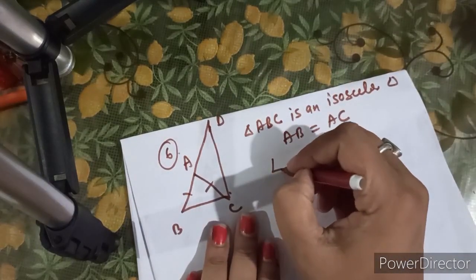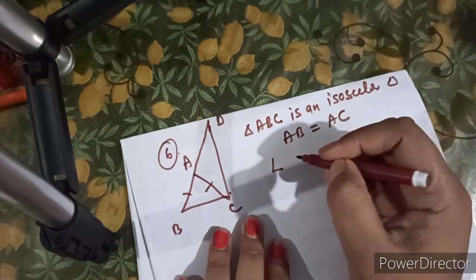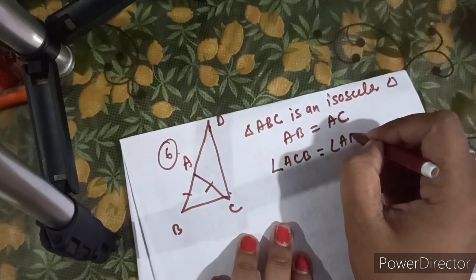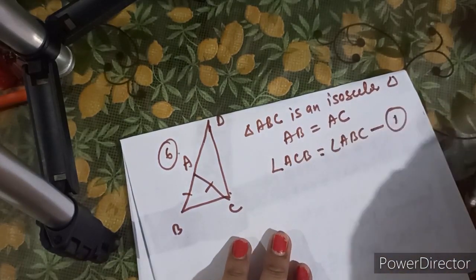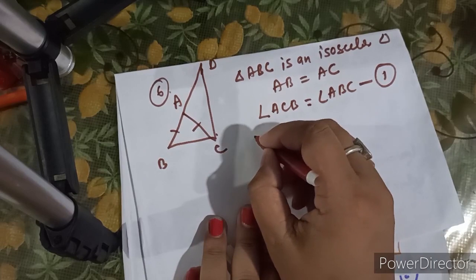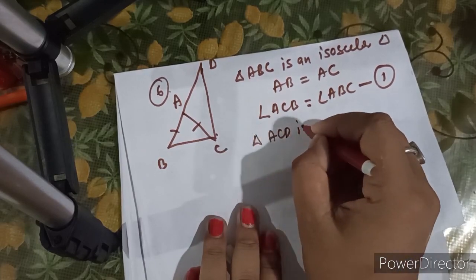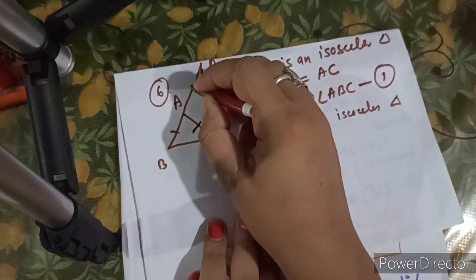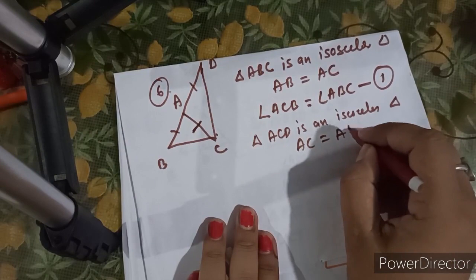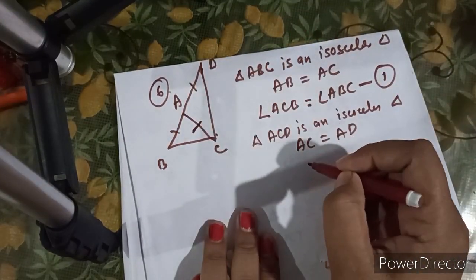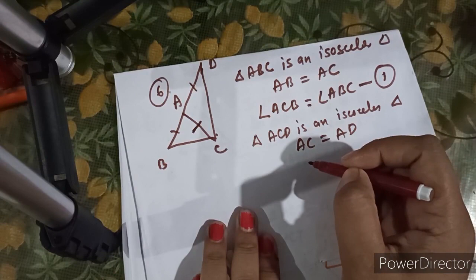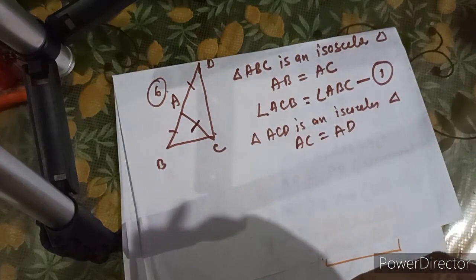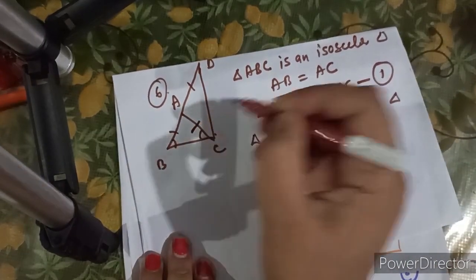So what I can write is, opposite these sides, angle ACB is equal to ABC. Let me mark this as equation number 1. Again it is given that triangle ACD is also an isosceles triangle. That means AC side will be equal to AD. So this angle and this angle are now equal.